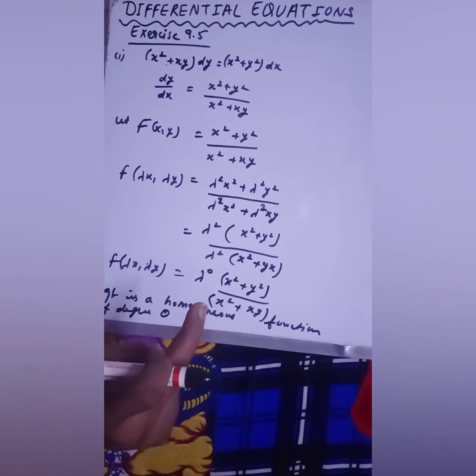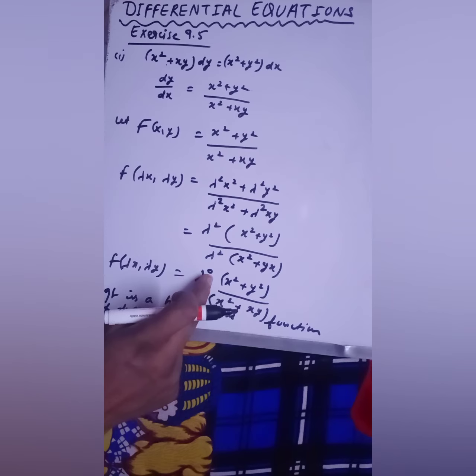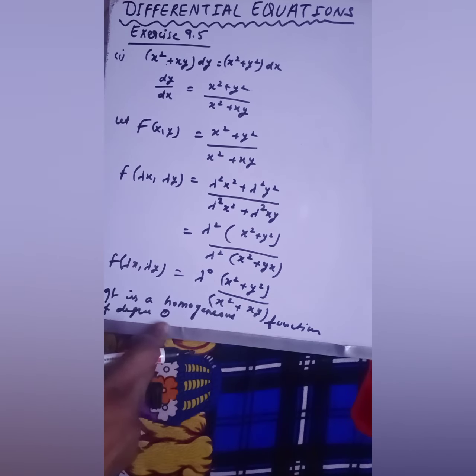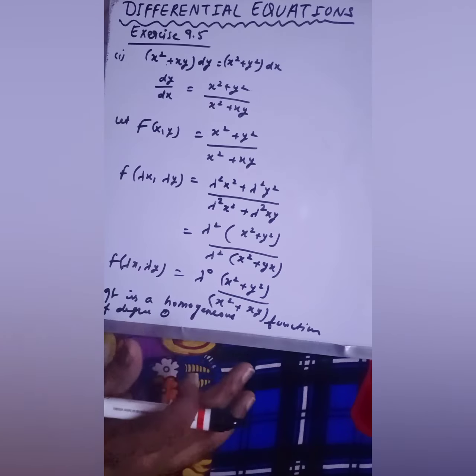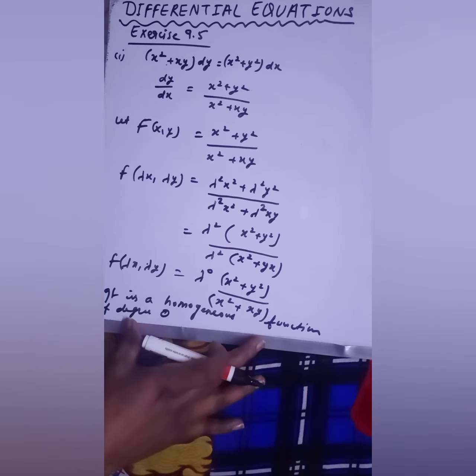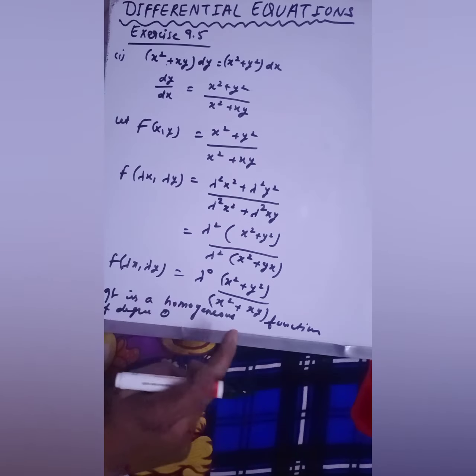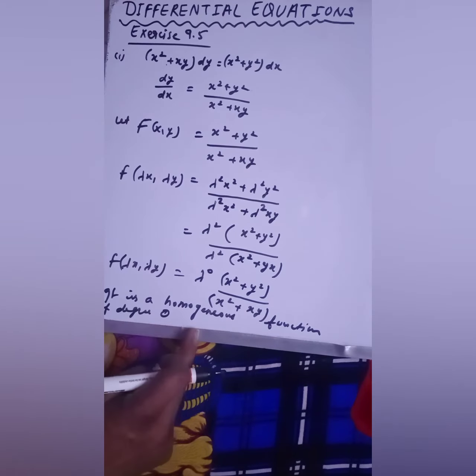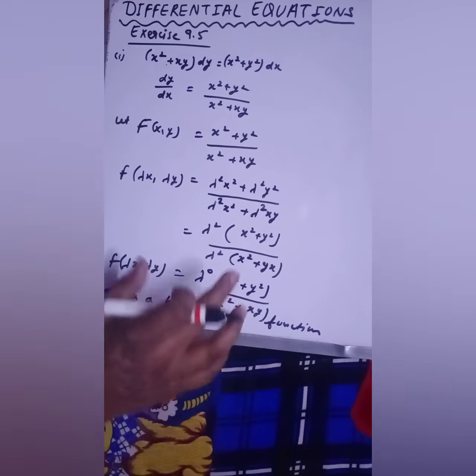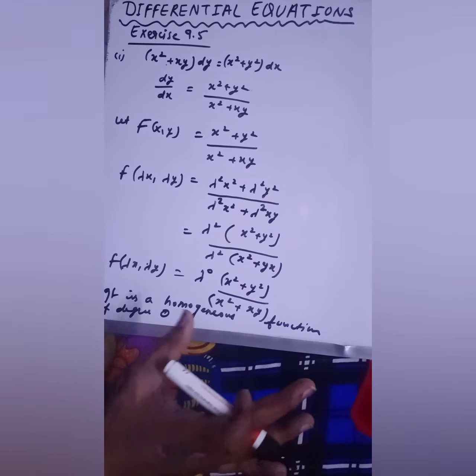If the power of lambda is 1, its degree is 1. If the power of lambda is 2, then its degree is 2. According to that you will write the statement. Here the power of lambda is coming 0, so it is a homogeneous function of degree 0. Got it? तो यहाँ पे आपने इसको homogeneous prove कर दिया.